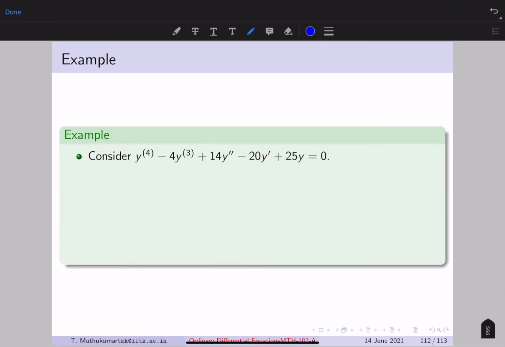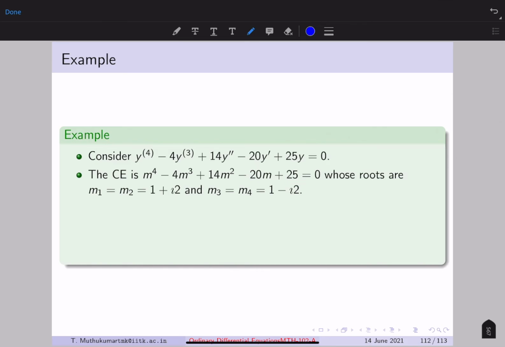Let's look at this fourth order differential equation. If you write down the corresponding characteristic equation, you have a fourth degree polynomial. You solve for the roots here, and you are going to get 4 roots.